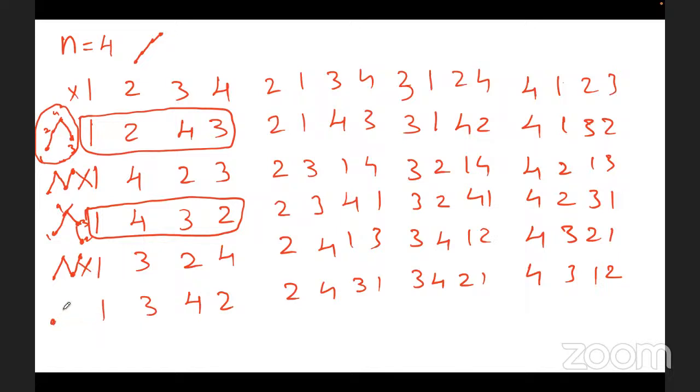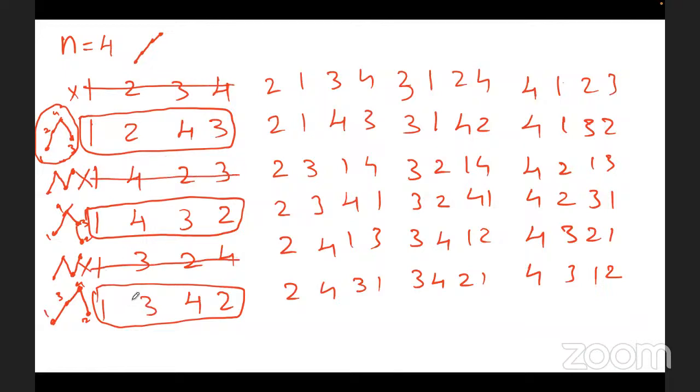Then 1, 3, 4, and 2. So this will create a mountain peak sequence. So from the first one, these are all the mountain peak sequences.